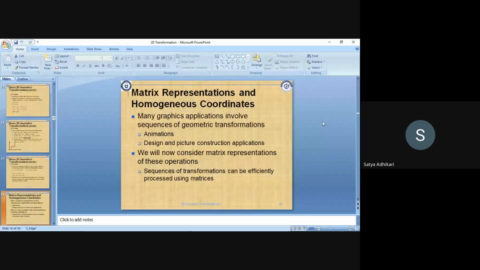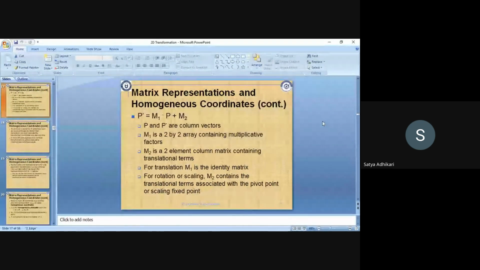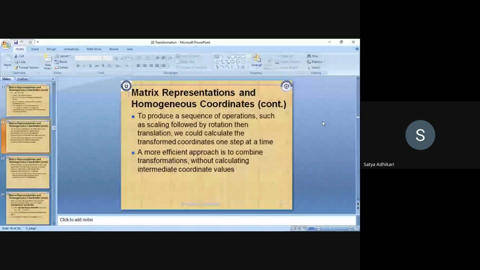So this is your sequence of transformation. If we represent an image in homogeneous coordinates, it will be easily done. So this is the formula: P dash equal to M2 into M1 into P.